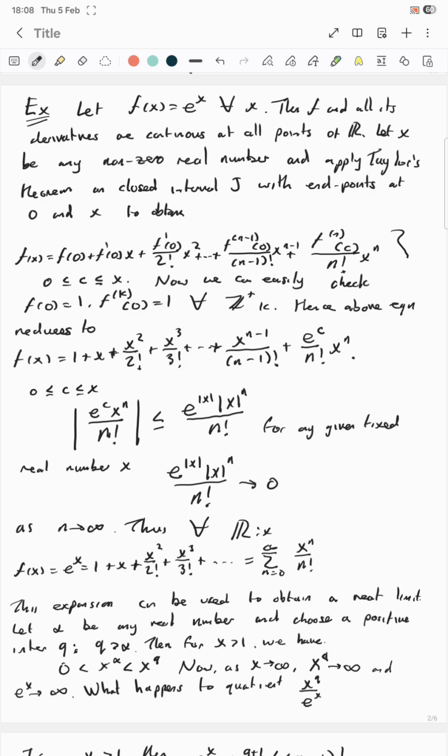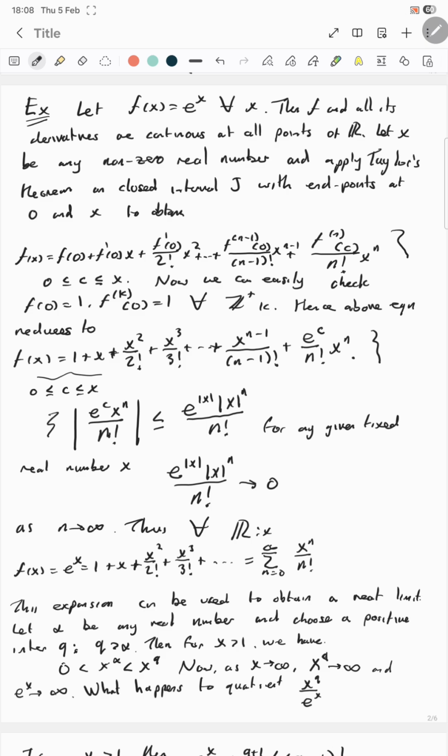Now we can easily check that f of 0 equals 1, f^(k) of 0 equals 1 for all positive integers k, and hence the above equation reduces to this for c contained within this interval.